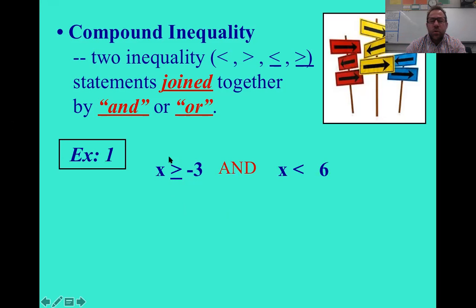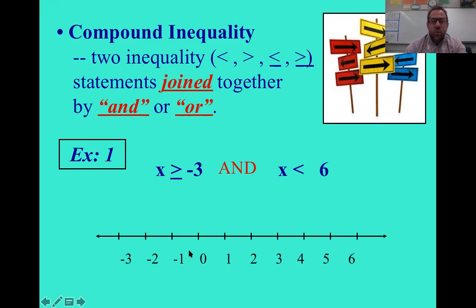We're going to take this small one here, we don't have to solve anything. So we're saying we want all numbers x that are greater than or equal to -3. Now, we've started practicing graphing these, so let's just review that here.